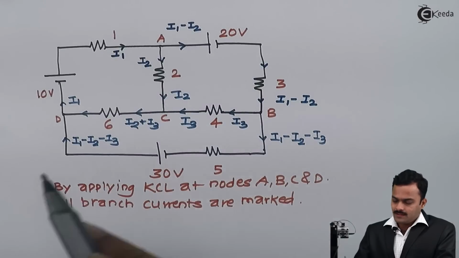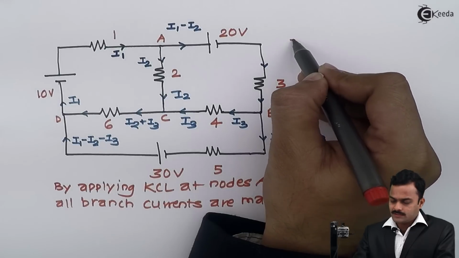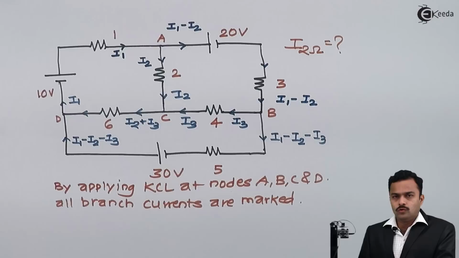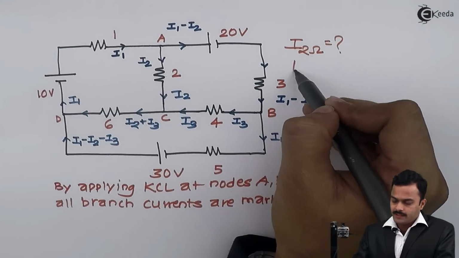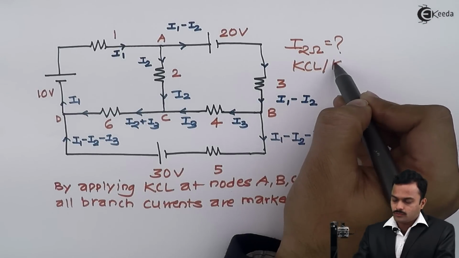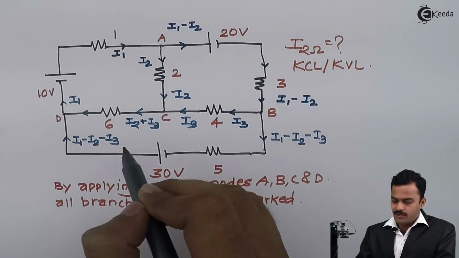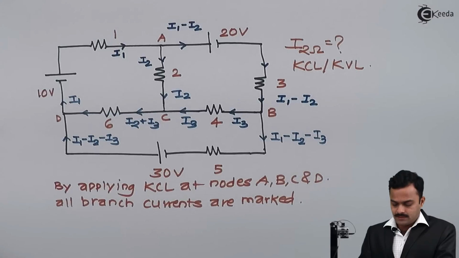So we will take only one of the outcomes. So I will consider, let's calculate what is the current flowing through the 2 ohm, and I have to apply KCL and KVL to get an answer. So I have applied a KCL and I have marked all branch currents.